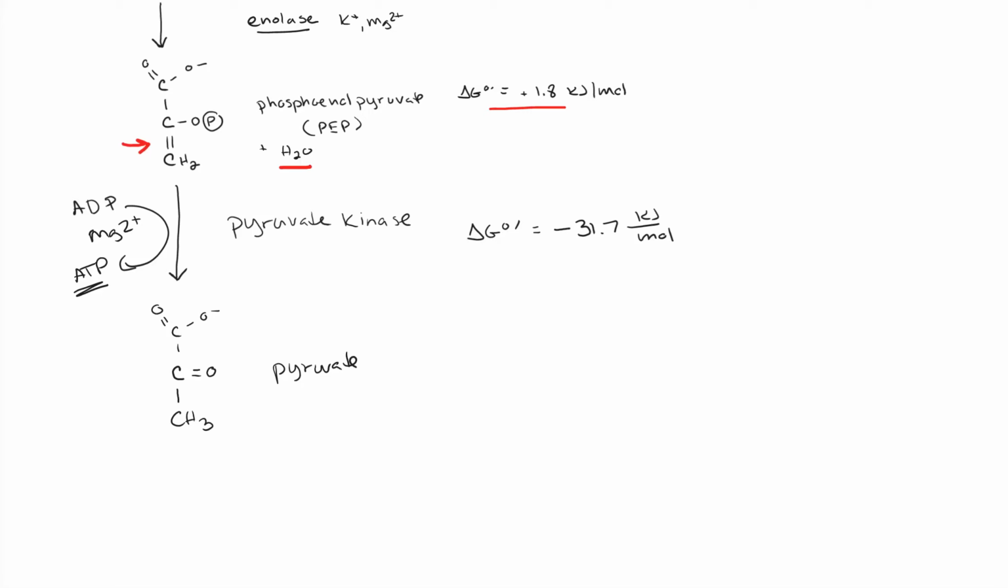Additionally, anchoring glycolysis with such a highly favorable final step makes the overall reaction substantially more efficient. So the large negative delta G for this reaction makes pyruvate kinase a fantastic target for regulation of glycolysis.